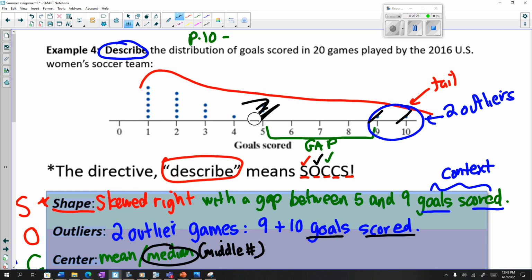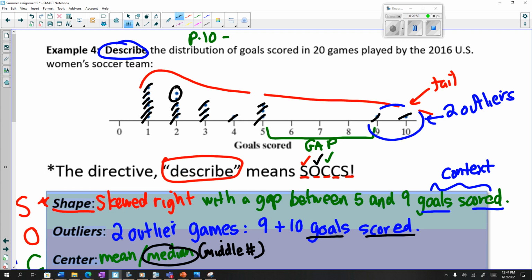But you guys get the idea. So let's find the middle number, okay? It's probably 2, okay? So the median's probably 2 goals scored.